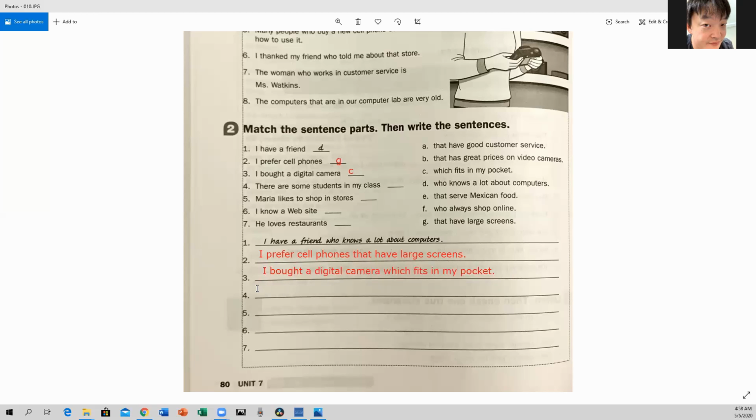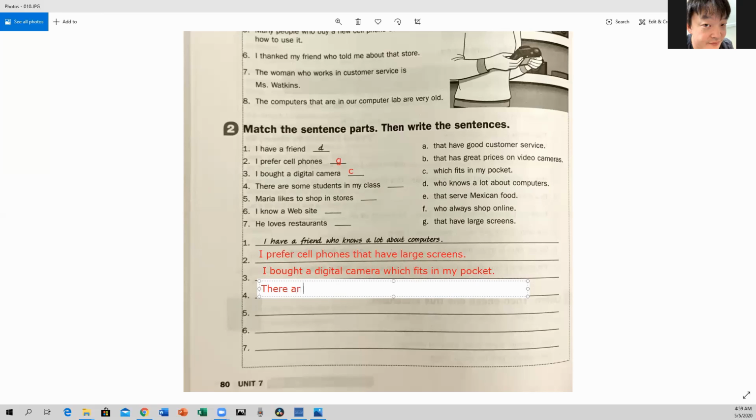Number 4. There are some students in my class. We're talking about people. There are some students in my class who knows a lot about computers, okay?